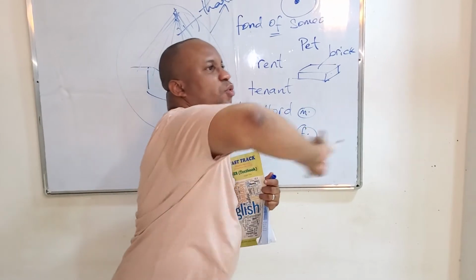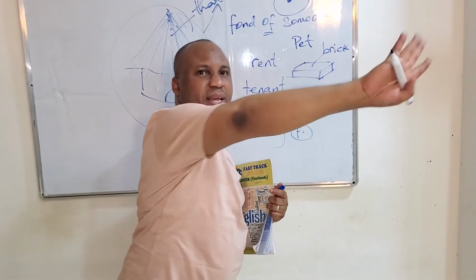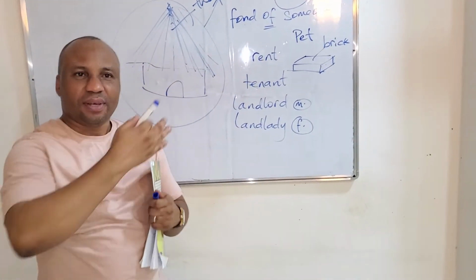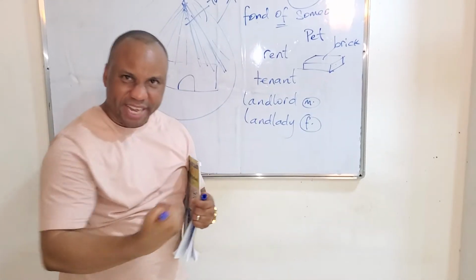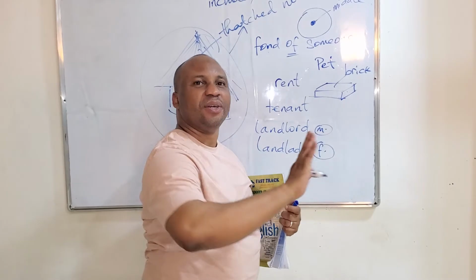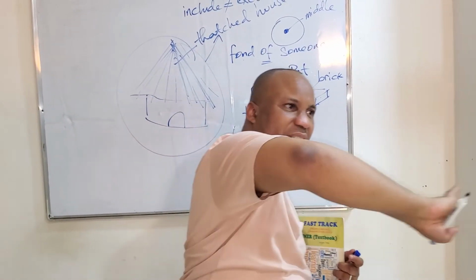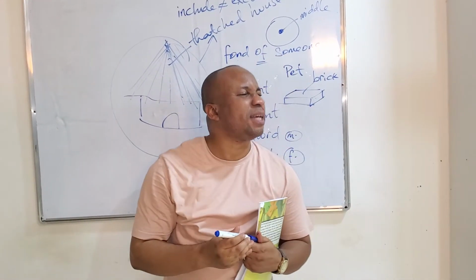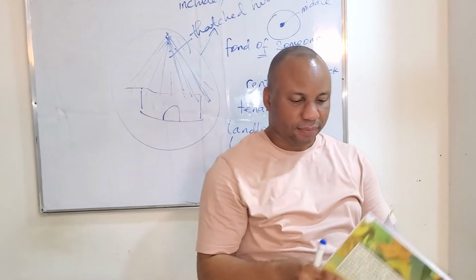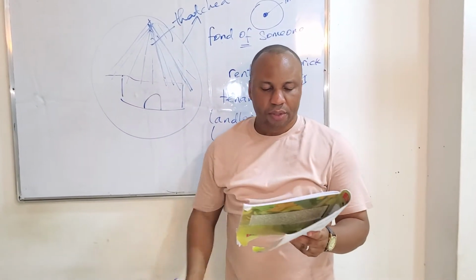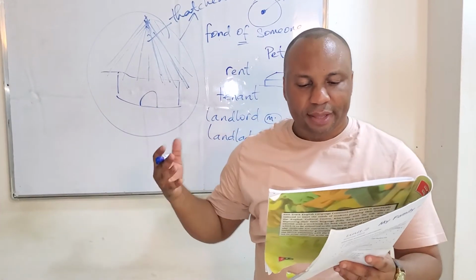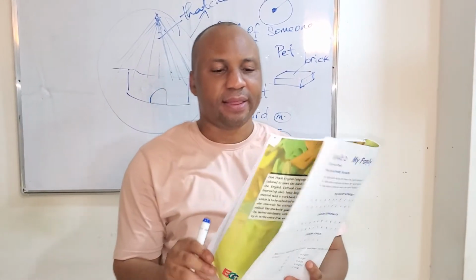Exclude means to take it out, to make an exception. So, apart from the dining room and the kitchen.